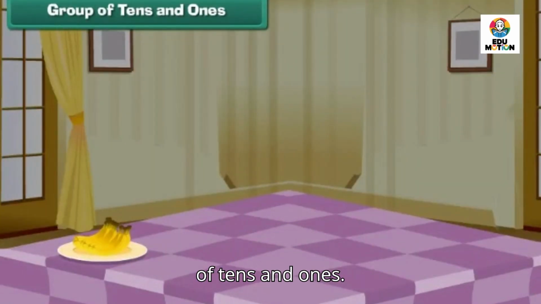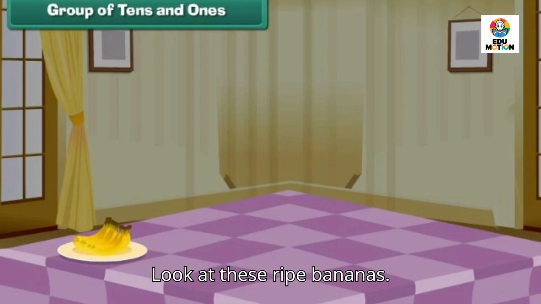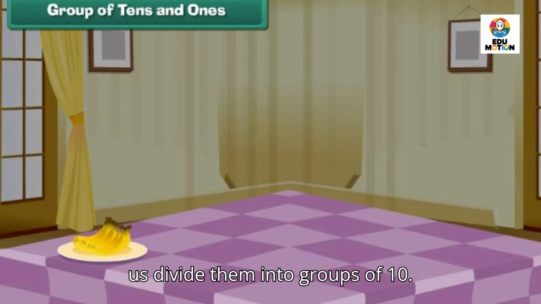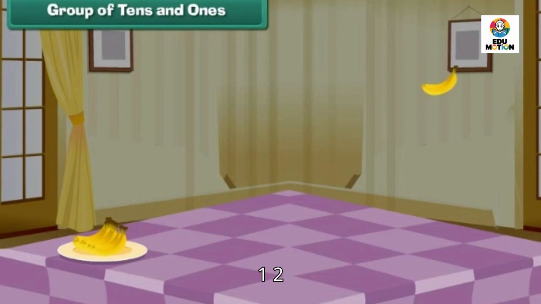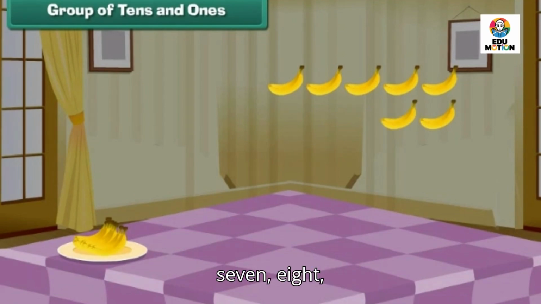Groups of 10s and 1s. Look at these ripe bananas. They look so delicious. Let us divide them into groups of 10. 1, 2, 3, 4, 5, 6, 7, 8, 9, 10.